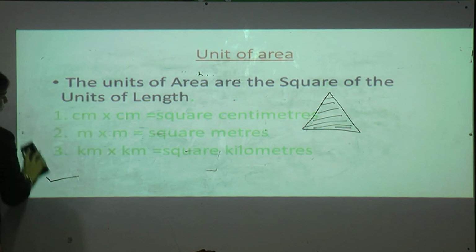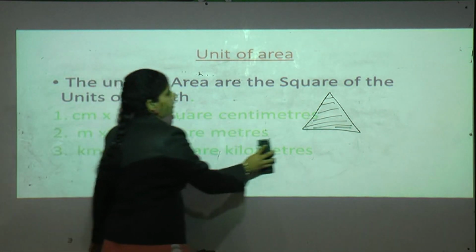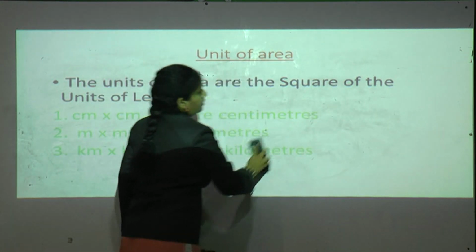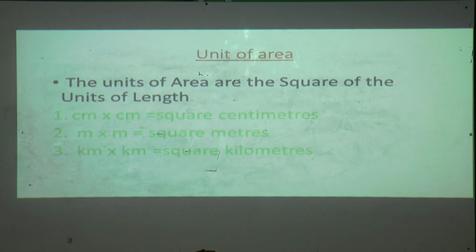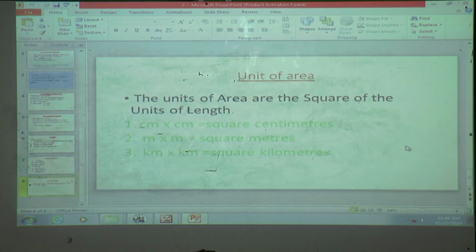See, what are the units of the area? See on page number 28. To measure small areas like a square or a rectangle drawn in your exercise book, we use a side of 1 centimeter as a standard unit of area.